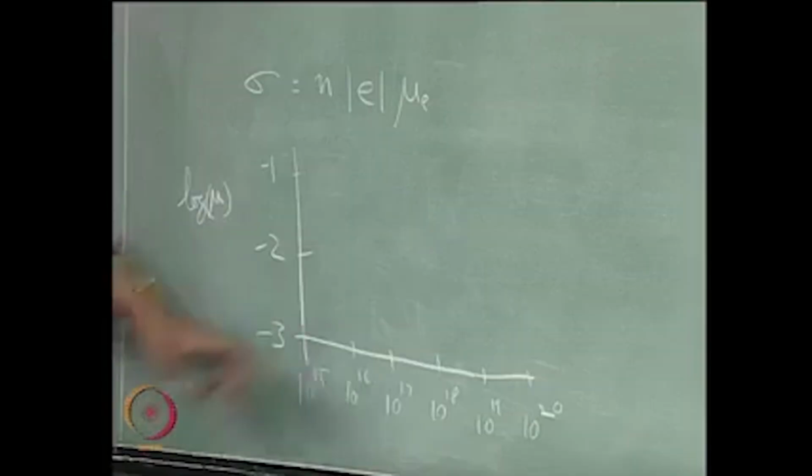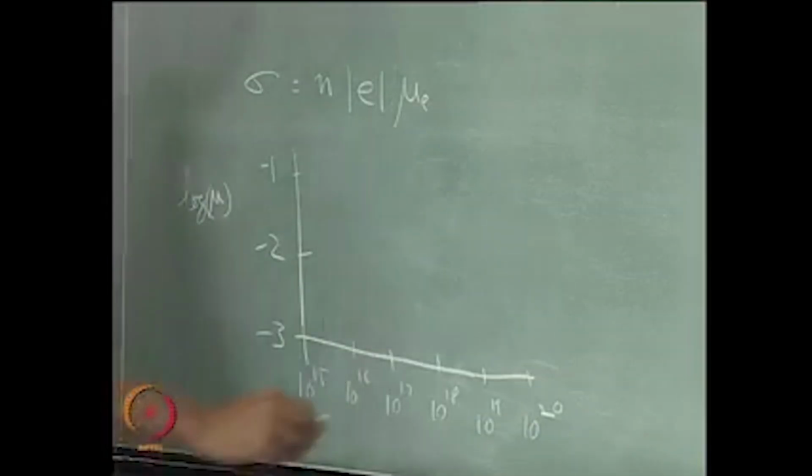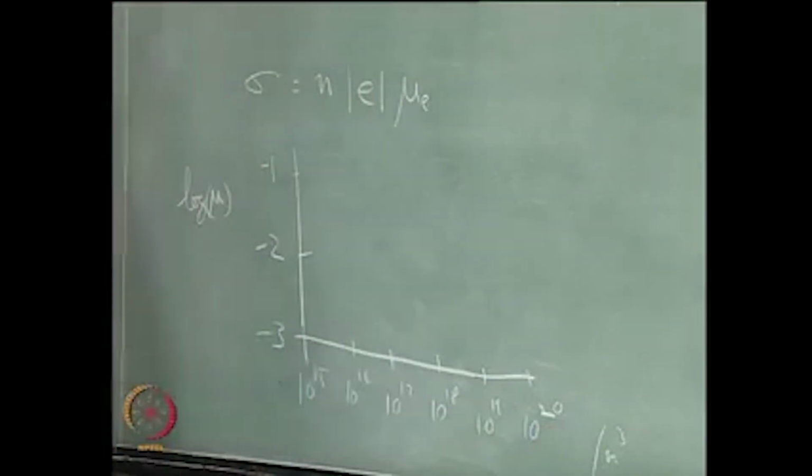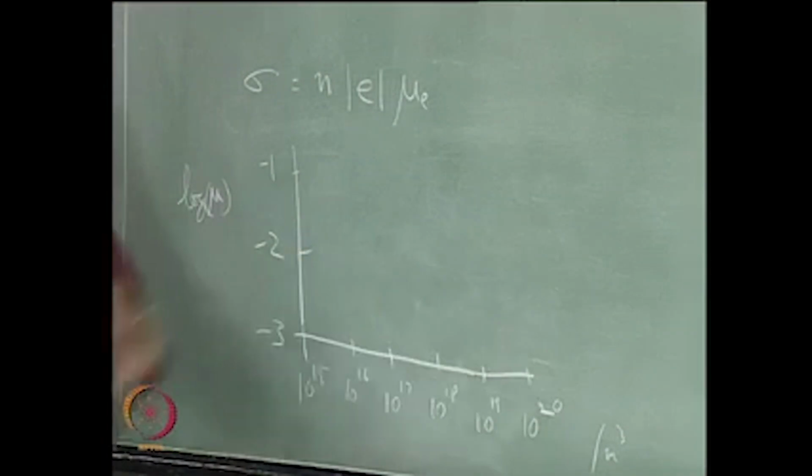So this is the impurity concentration per meter cube, okay, or this is atoms per meter cube if you want to call it.